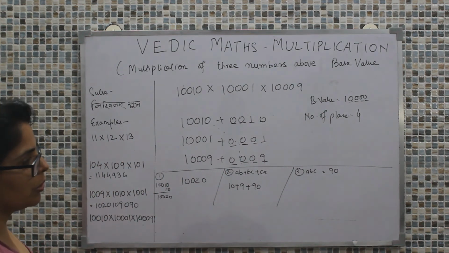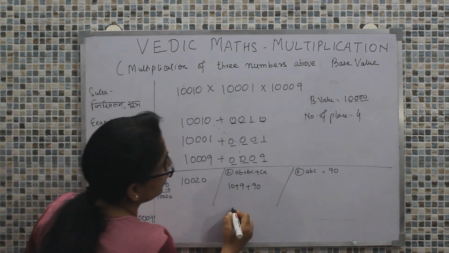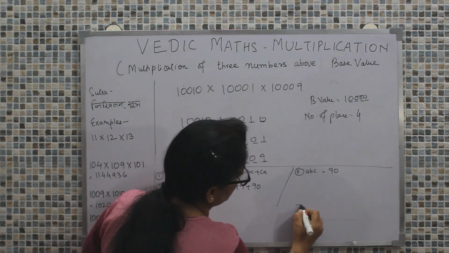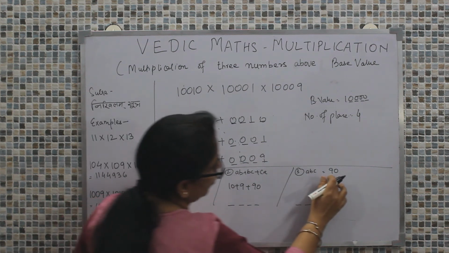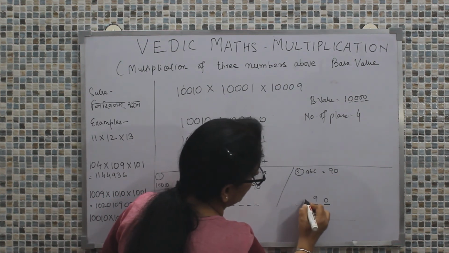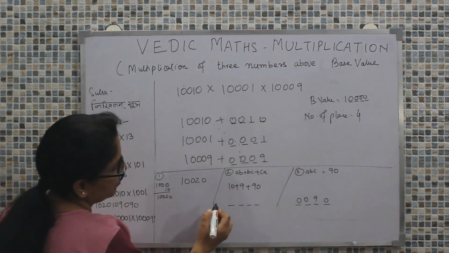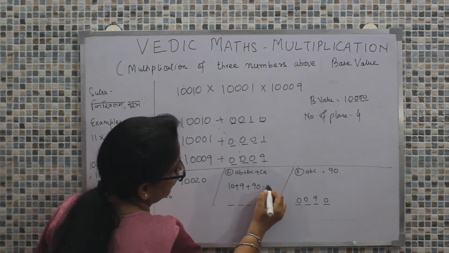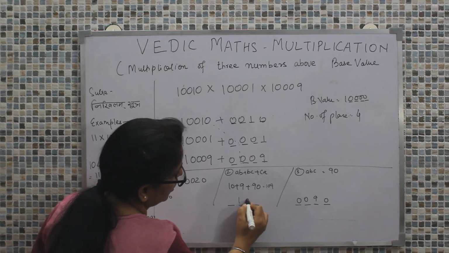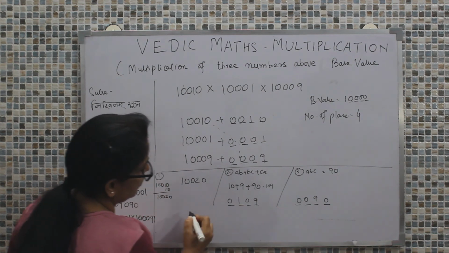Now considering the number of places, here 4 places. 1, 2, 3, 4. So 90 has to be written as 9000. 90 plus 10 will be 100 and 100 plus 9 will be 109. So this has to be written as 109 and we append a 0.